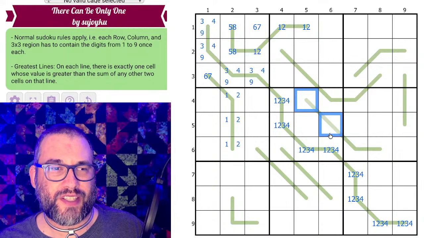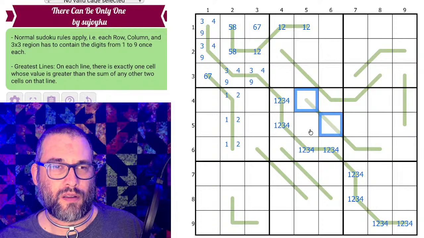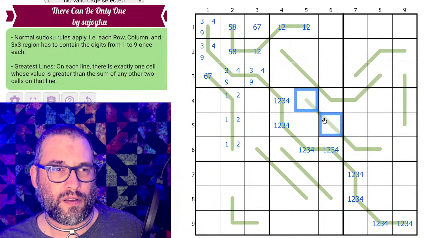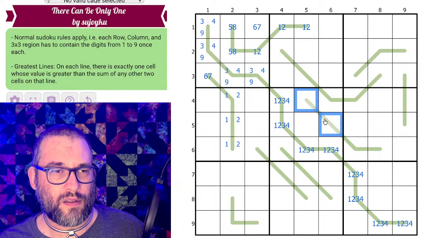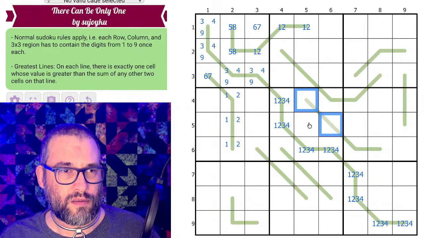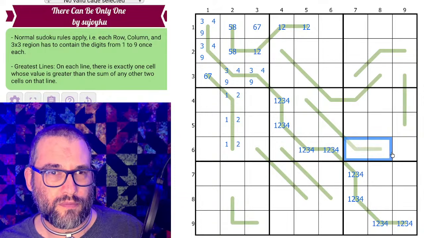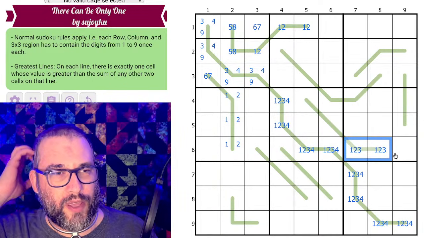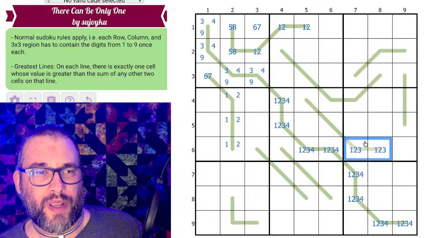Yeah, the big digit is definitely here. Right. I think, yeah, we can say these are from 1, 2, 3.